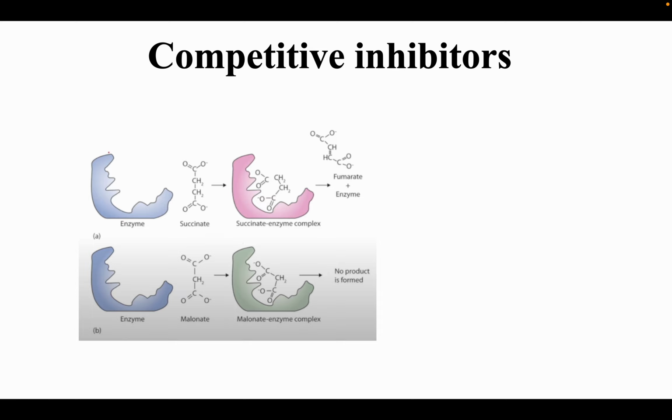Now the competitive inhibitor, malonate, resembles the substrate succinate and is also complementary to the enzyme; it just does not have one CH2 as compared to succinate. So malonate will bind to this active site and will not allow the formation of the enzyme-succinate complex, and thus it leads to competitive inhibition. Let's understand the competitive inhibition kinetics.